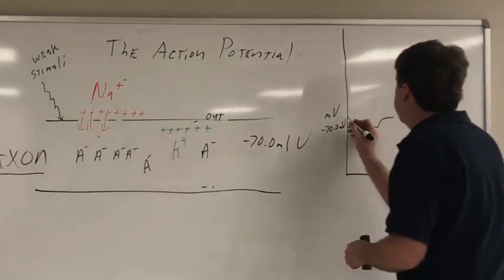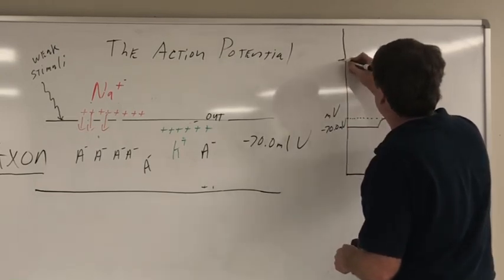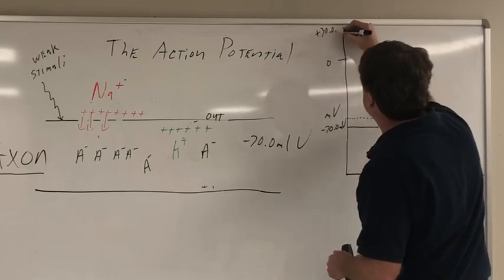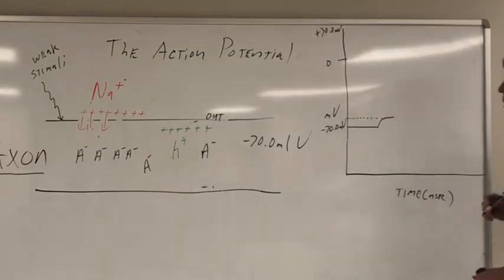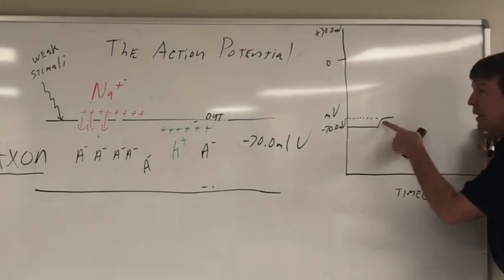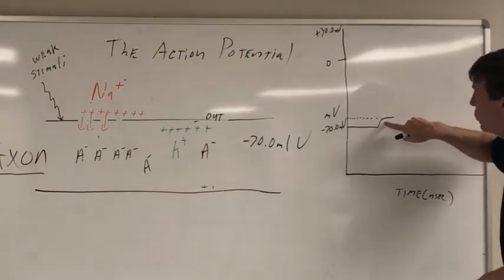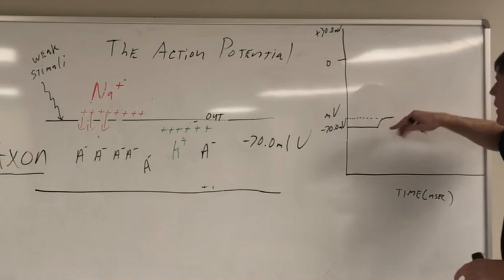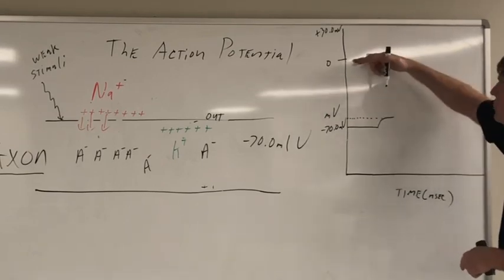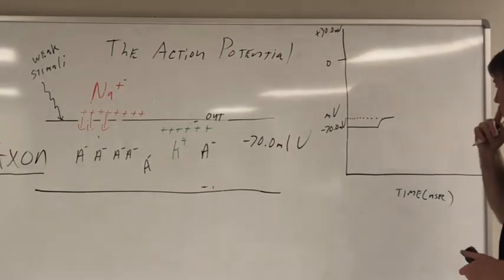Notice now the inside of the membrane, and we'll put 0 here, and we're going to put positive 30.0 millivolts up here. At this point, the sodiums have trickled in, and we've moved the negative 70 towards that 0 number. Positive 30 is going to be important, as you'll see in a little bit.